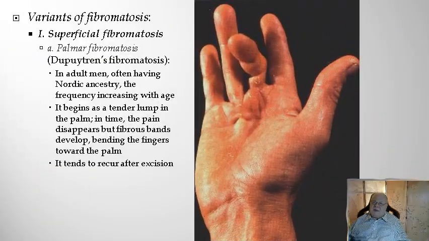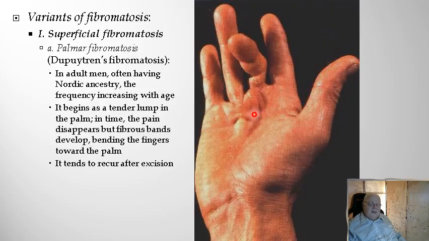As I said, we have more than one type of fibromatosis, and one group is the superficial ones. The superficial fibromatosis, one member of the group is the palmar fibromatosis or Dupuytren fibromatosis, appearing as a nodule, initially well delimited but very rapidly growing by infiltration in the palm region of the hand.